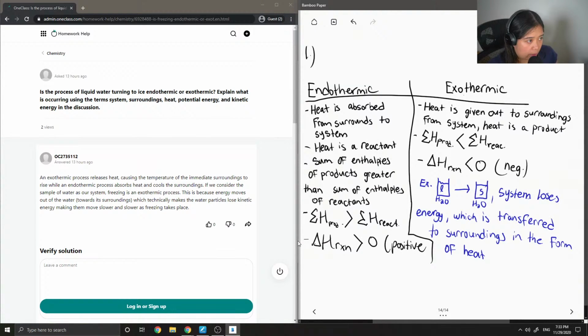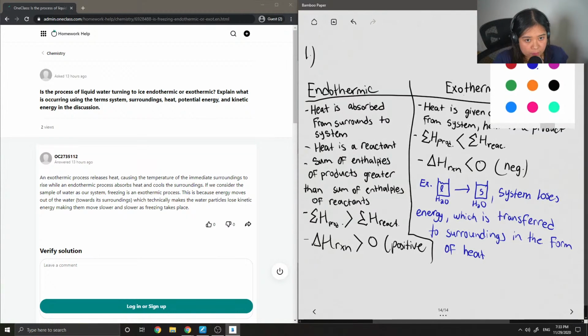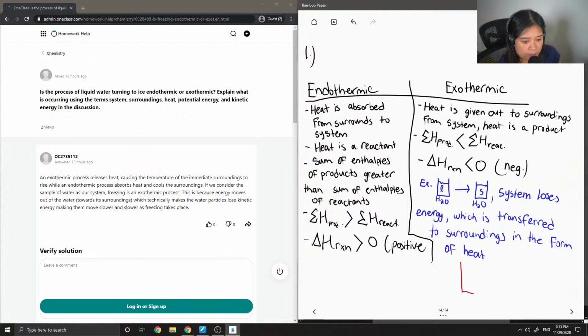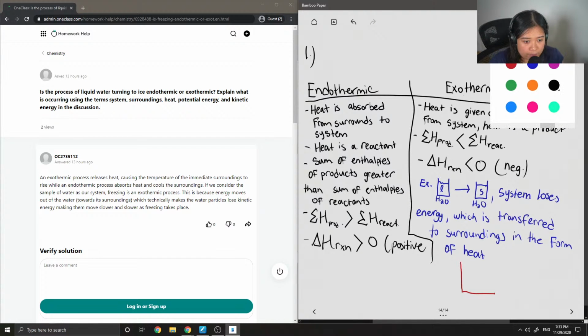So we can also draw a potential energy diagram. So I'll draw it at the bottom here. So this is the potential energy diagram of liquid turning into ice.